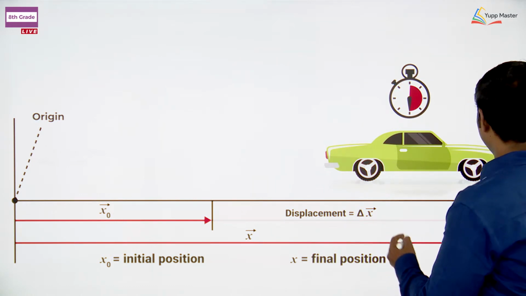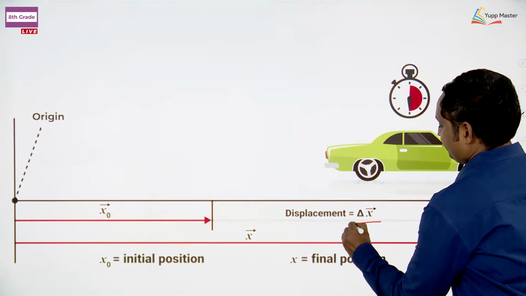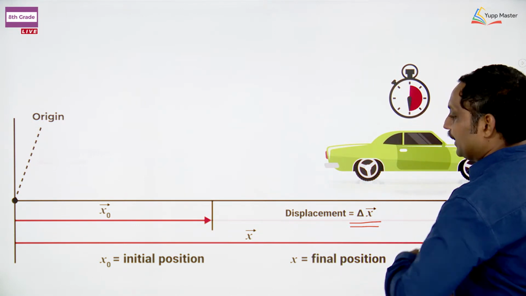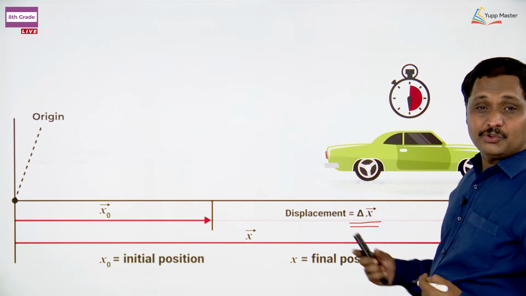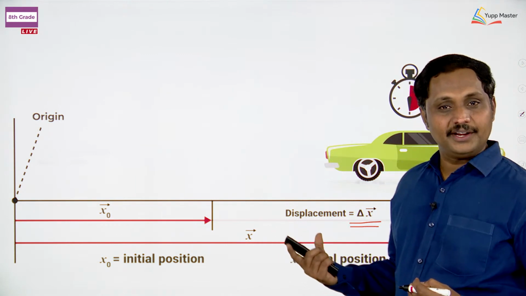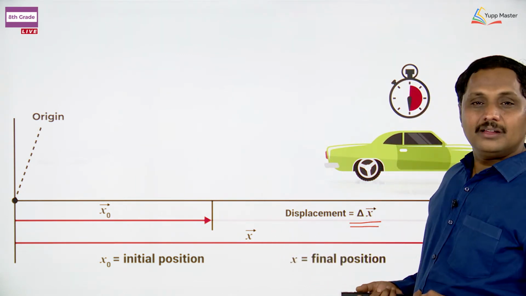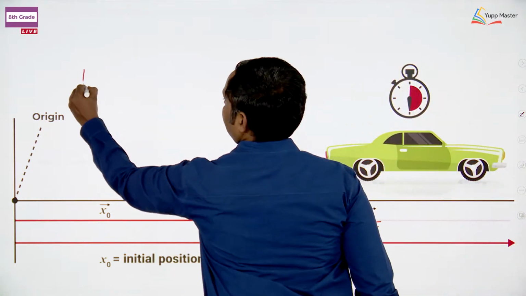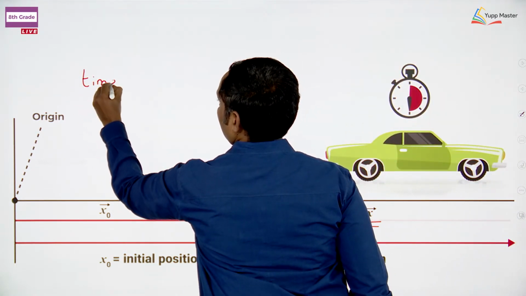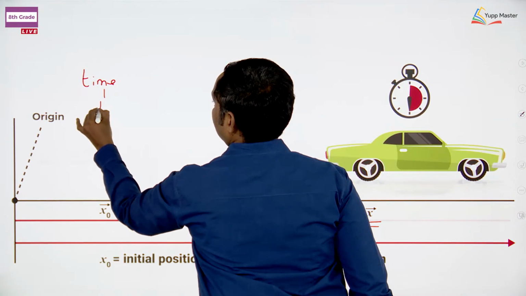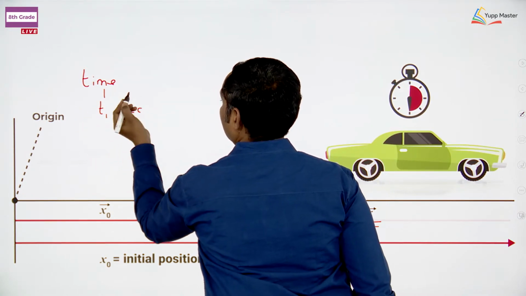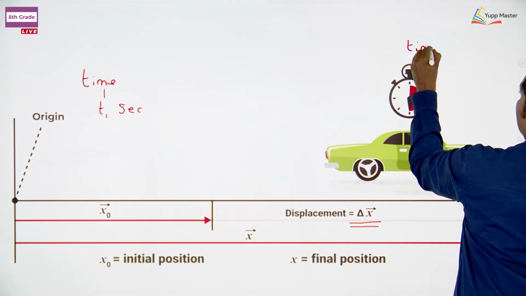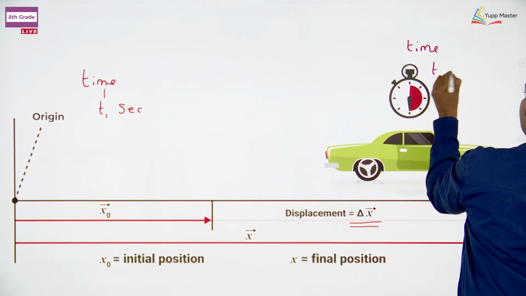How will you measure that displacement? You take the final position and initial position and get the difference. Here the time is t1 second at the start, and it reaches the final position at t2 second.